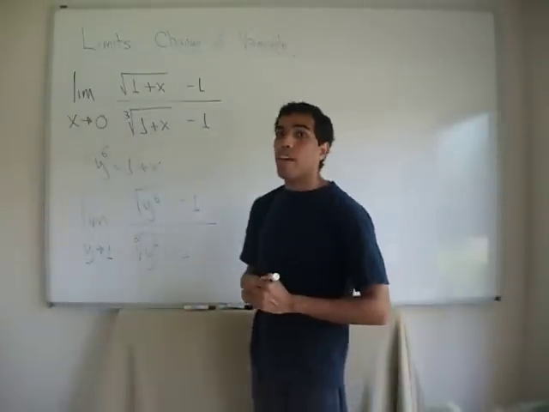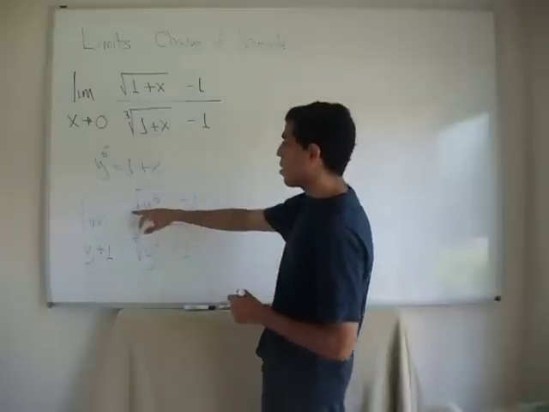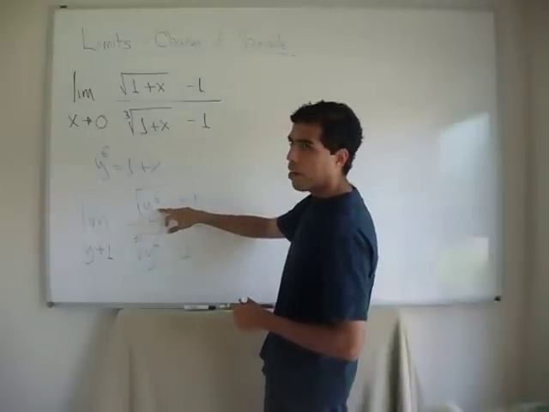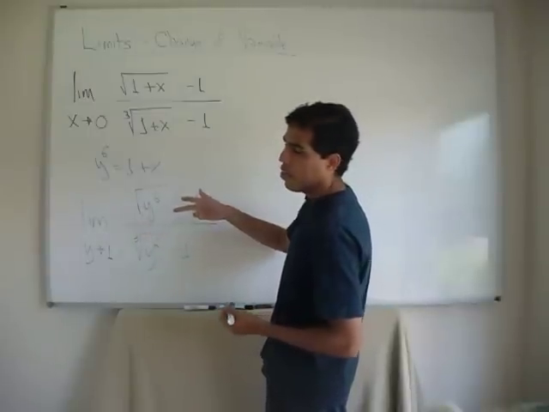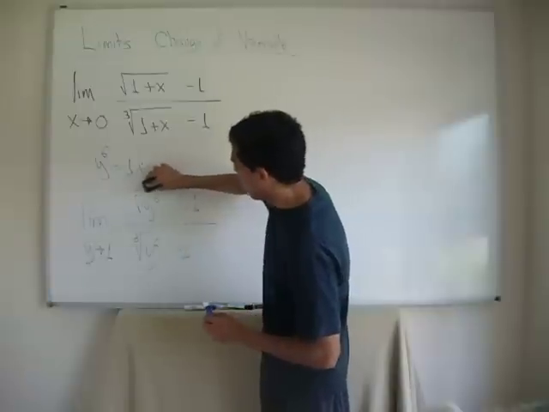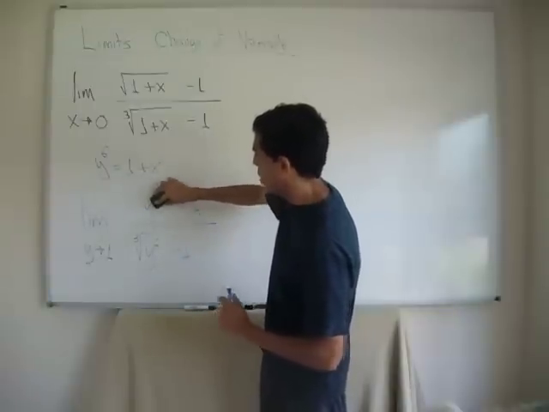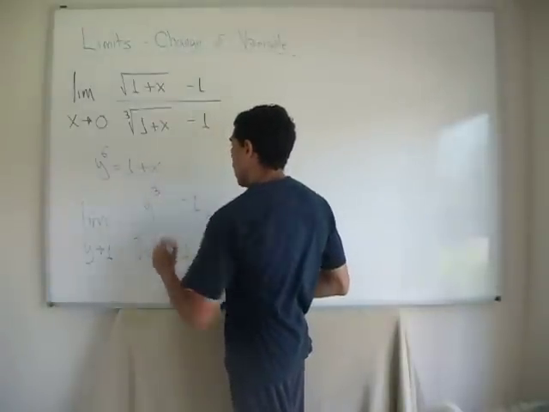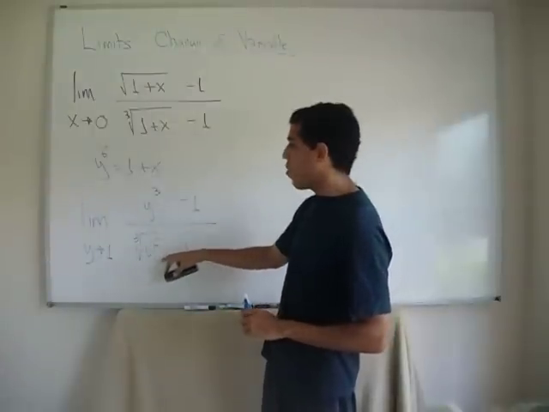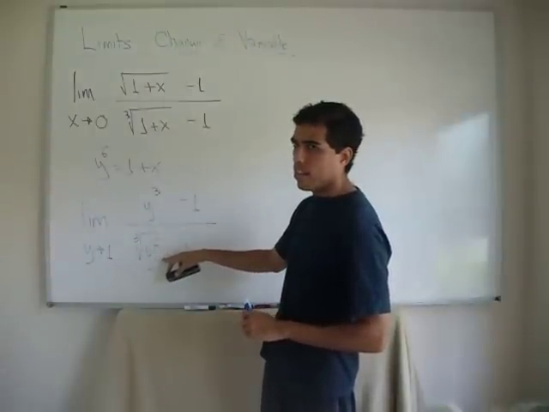And now we got rid of both radicals, because the square root of y to the power 6 is y cubed. And the cubic root of y to the power 6 is y squared.